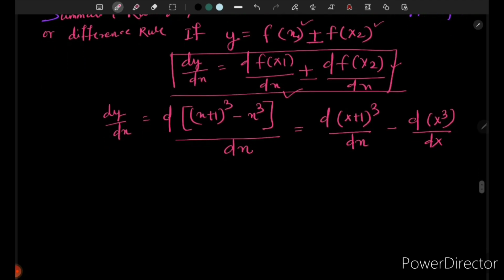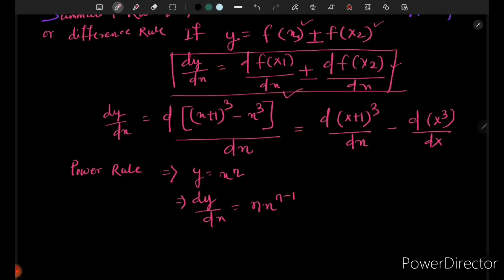Now here power rule can be applied. So what is power rule of derivative? Okay, so if y equals to x to the power n, so dy by dx equals to n into x to the power n minus 1. So this is the power rule for derivative.